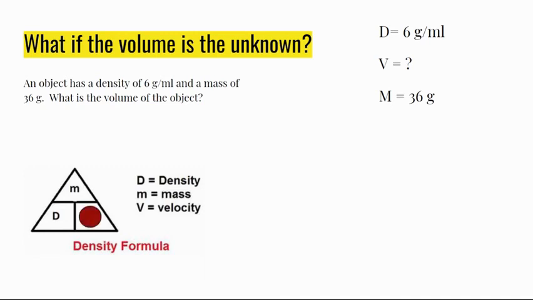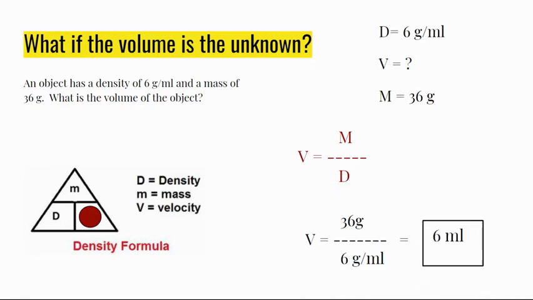So cover up the V, and we are left with mass divided by density. So volume equals mass divided by density. So let's plug in our numbers. And we are left with 36 grams divided by 6 grams per milliliter. 36 divided by 6 is 6 milliliters.